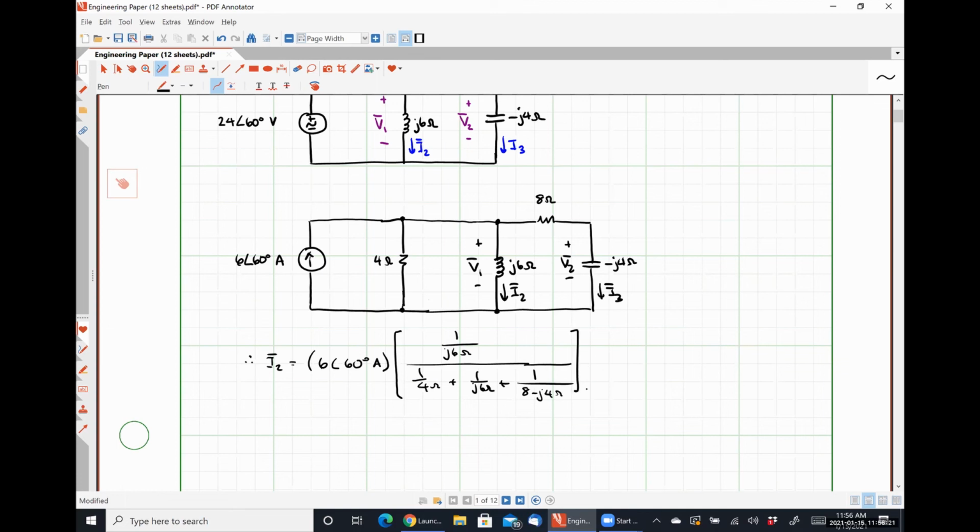All right, that's correct. And then we could do some math here. We're finding I2, right?